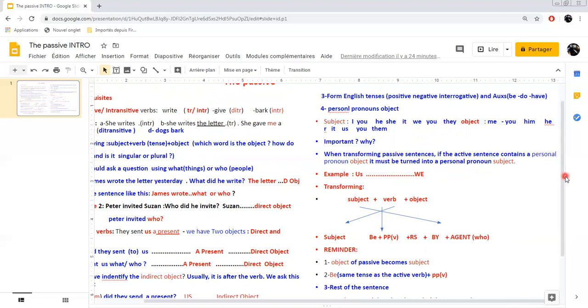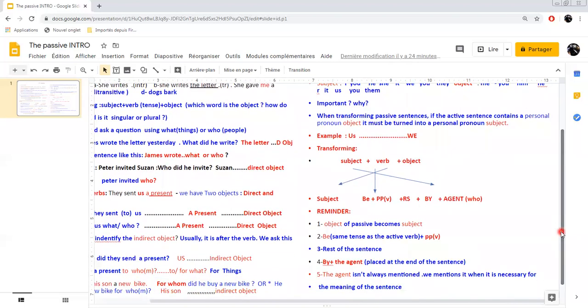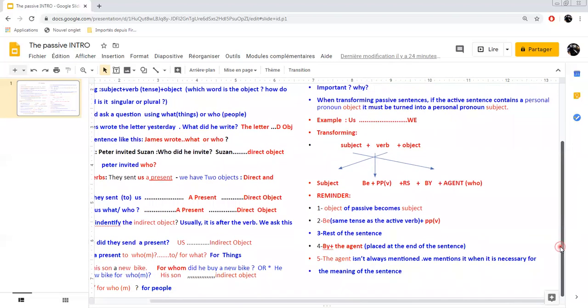Now, how do we transform sentences from passive to active? Now I give you this small plan here, and you should remember it whenever you want to transform sentences, of course. So an active sentence has got a subject, a verb, and an object, whether it is direct or indirect.